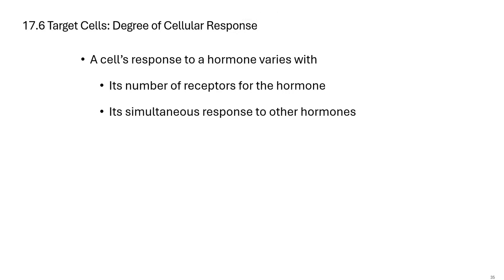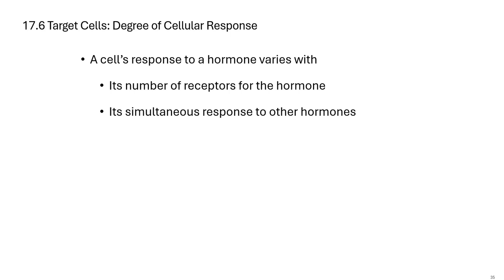So we're going to pick up here, and this is going to be a relatively short part, and we're going to talk about how the hormone receptors respond to the hormones themselves, specifically looking at how they respond to the amount of a given hormone, or the concentration of a hormone. Remember, a hormone is acting on a cell via its receptor.